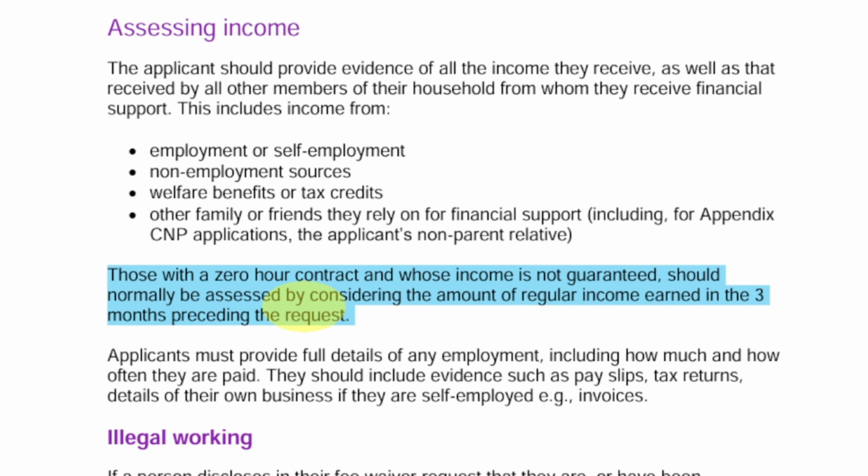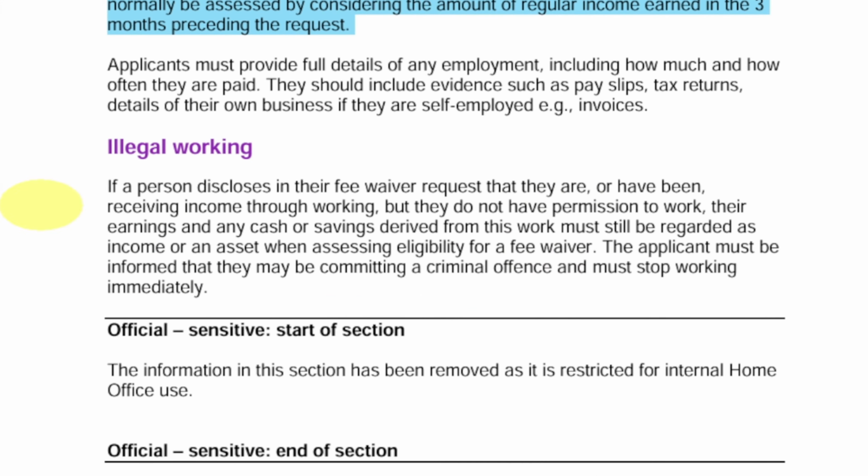The applicant must provide full details of any employment, including how much and how often they are paid. They should include evidence such as payslips, tax returns, details of their own business if they are self-employed, and invoices. In case you're working illegally, the guidance says the applicant must be informed that they may be committing a crime and must stop as soon as possible. This is what the Home Office is saying to their caseworker.